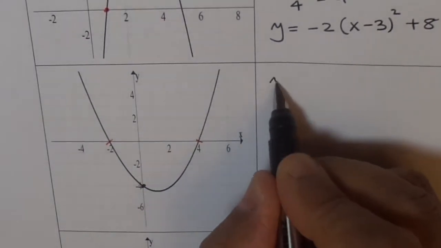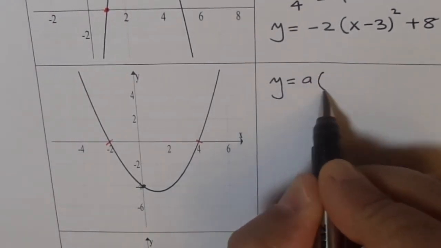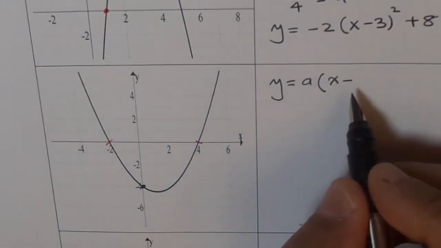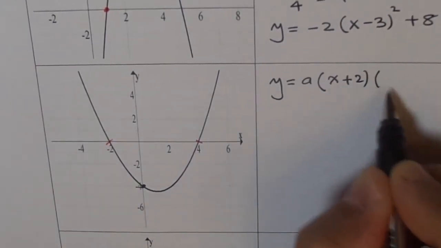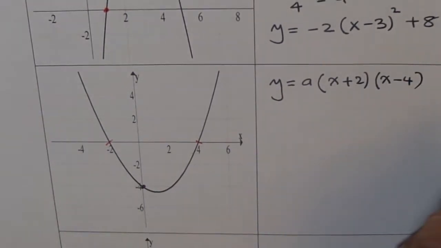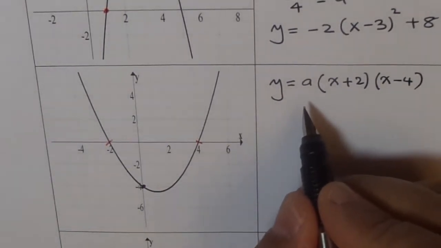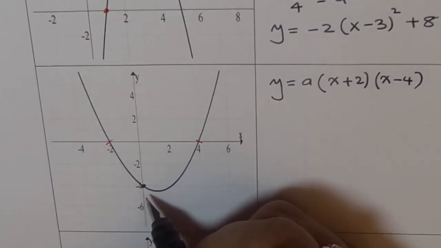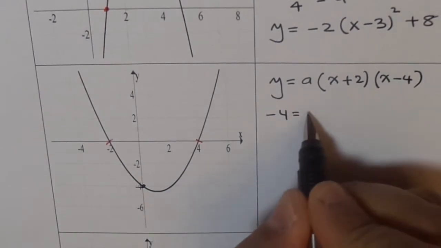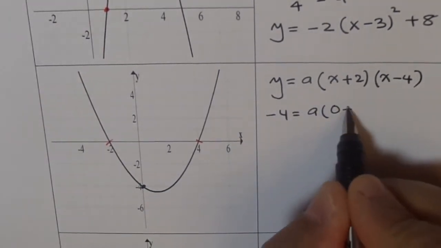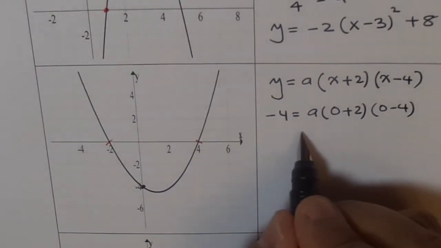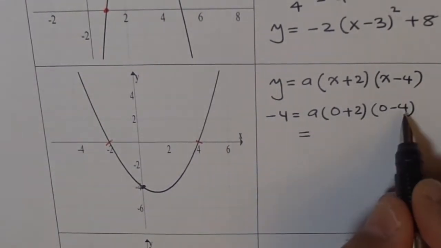So we can write this equation in intercept form as a times (x minus this intercept, which is minus 2), so it becomes x plus 2, times, this is at 4, so it becomes x minus 4, right? Now to find the value of a, we'll put in the y-intercept, which is x is 0, y is minus 4. So minus 4 equals a times (0 plus 2) times (0 minus 4). We get minus 4, and now we can calculate this as 2 times minus 4 is minus 8, right?